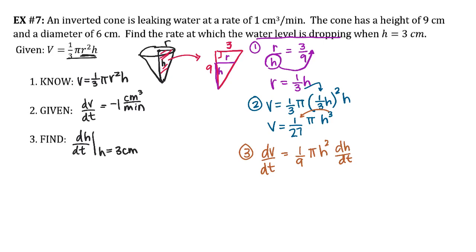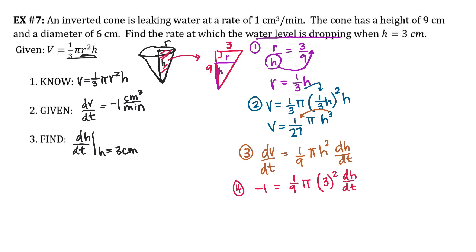Okay, so let's substitute in now what we know, and so in doing so, we should have just dh/dt left. We know the rate of change of the volume is going to be -1 equals 1/9 pi times our height, which is going to be 3, so we're going to have 3 squared, and then dh/dt.